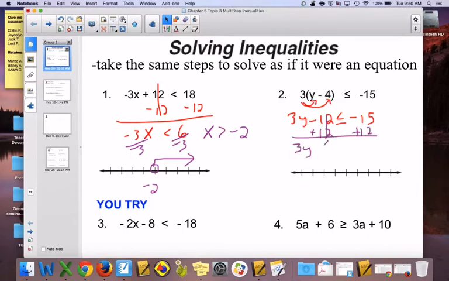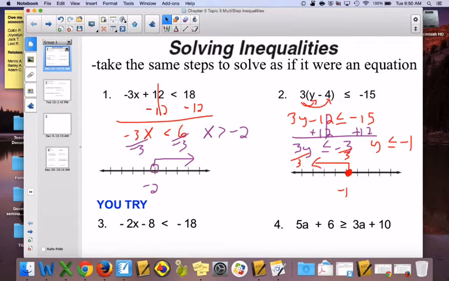So we get 3y is less than or equal to negative 3. And we're dividing by a positive 3, so no need to flip the sign or anything. We're going to have y is less than or equal to negative 1. So this is a closed circle pointing to the left.